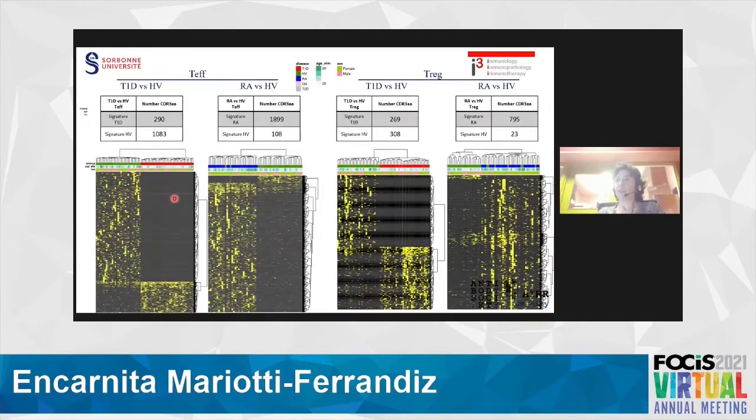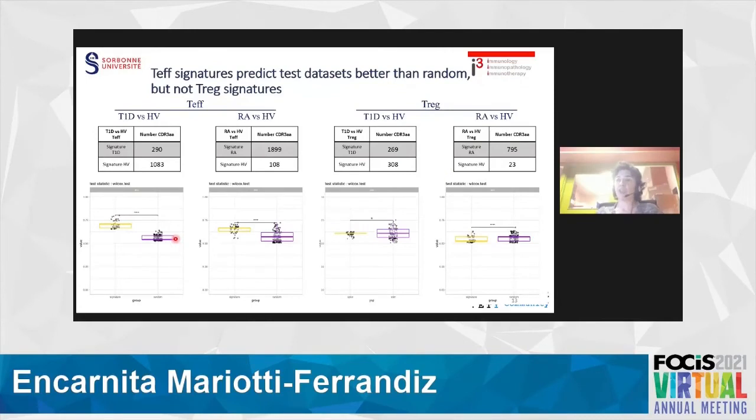One thing that I did not mention is that the signatures on this slide were obtained in 75% of our data sets. So we tested the prediction of these signatures on the remaining 25% of the data set, and we compared this prediction to a random signature that was generated.